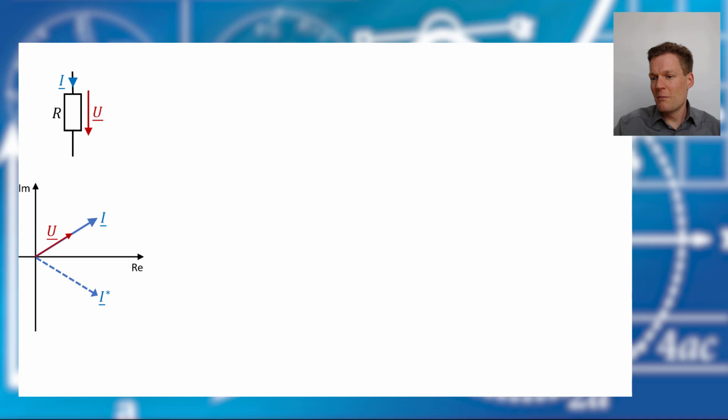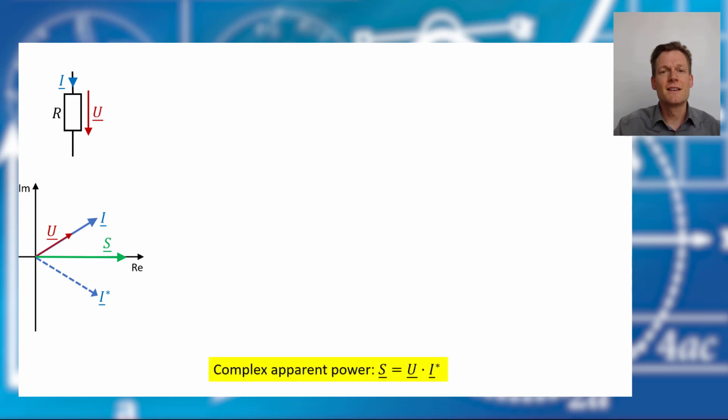And now if we multiply the voltage and the conjugate complex of the current, this leads to an apparent power which is pure real. And this leads us to the definition of the apparent power. It's the product of the complex voltage and the conjugate complex of the current.